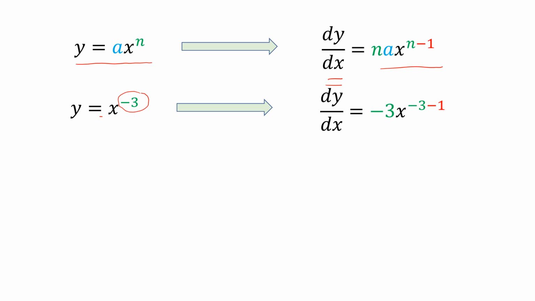This shall be multiplied by the coefficient before the independent variable, in this case 1. So negative 3 multiplied by 1 gives us negative 3 as indicated here. And then on the power, we shall take negative 3 minus 1. Next, we simplify this expression. That is, negative 3 minus 1 gives us negative 4.